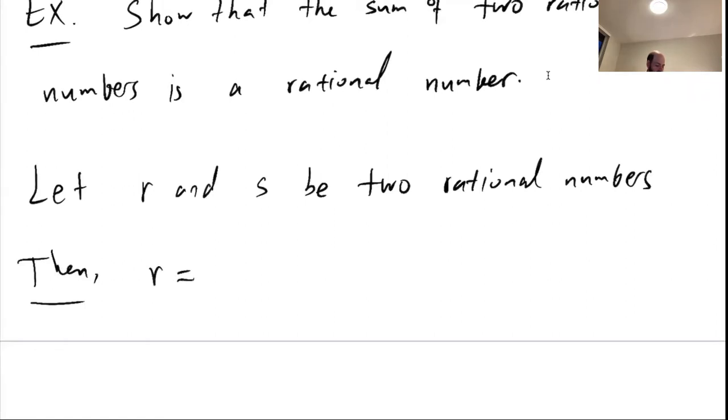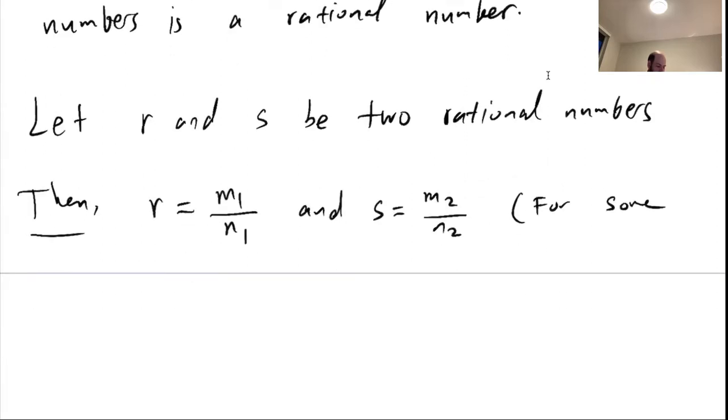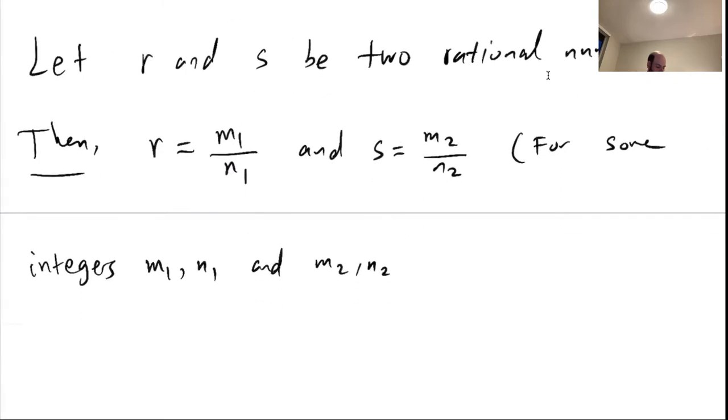Then R can be written, let's say, of the form M1 over N1, and S equals M2 over N2, for some integers M1, N1, and M2, N2, and N1 not equal to 0, and N2 also not equal to 0.